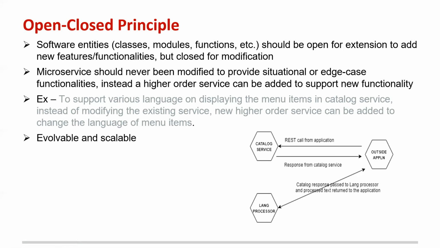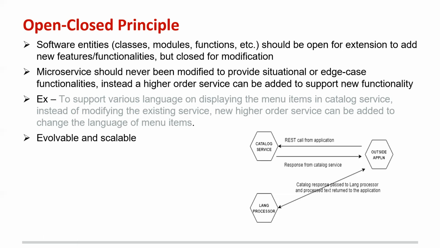If a customer browsing the catalog from France, then the catalog should be displayed in French. If the customer is browsing from India, then the menu items should be shown in Hindi. So based on the location, the language of the menu item should change.